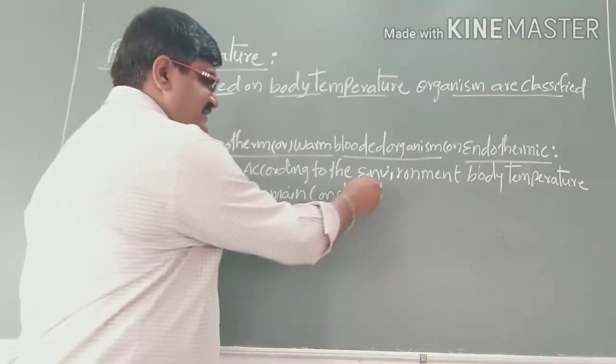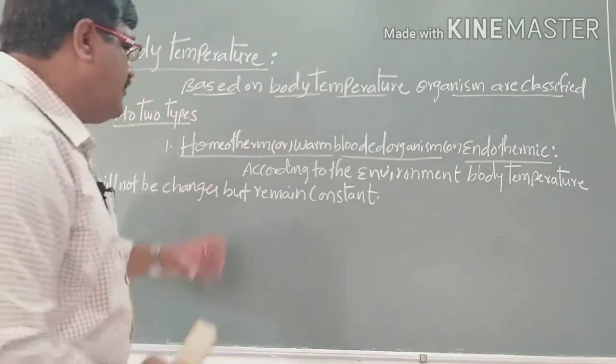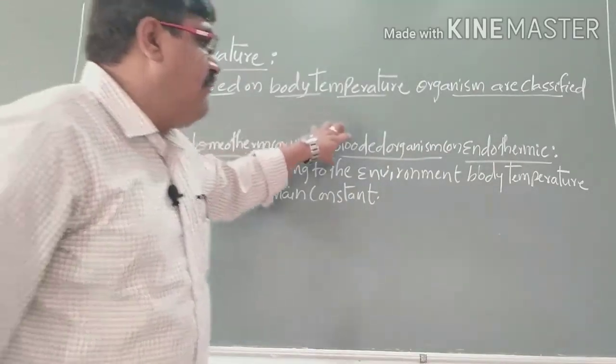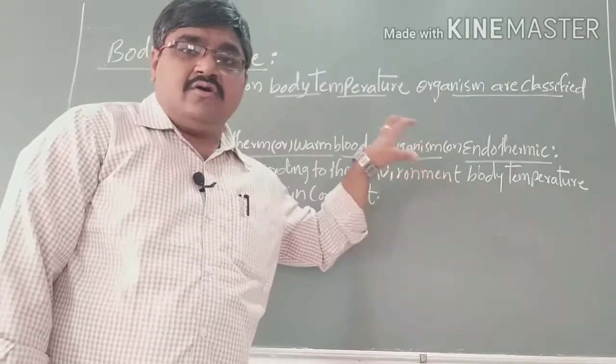This type of organism is called homeothermic, or warm-blooded, or endothermic.